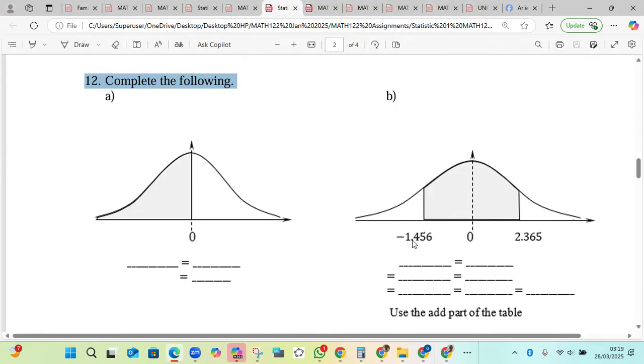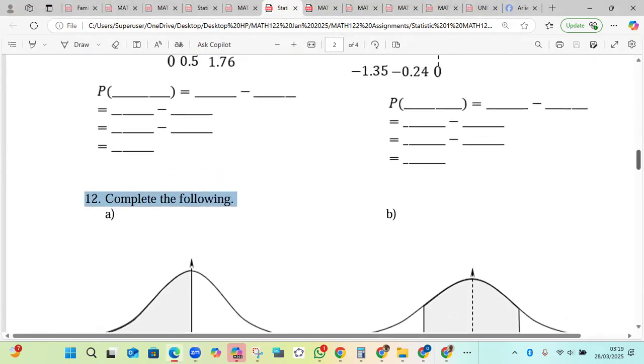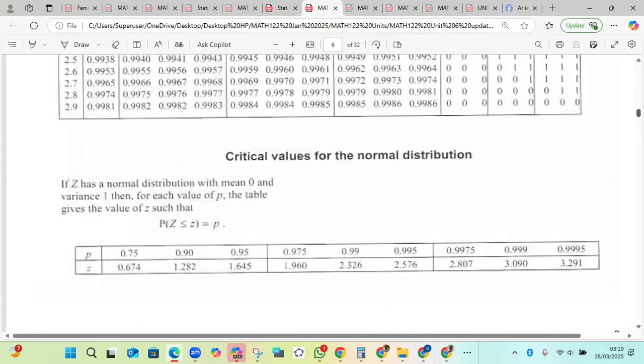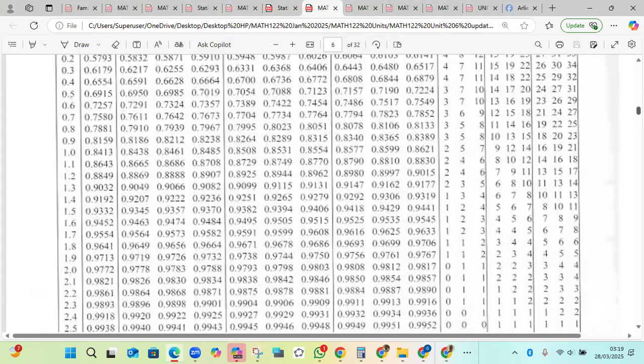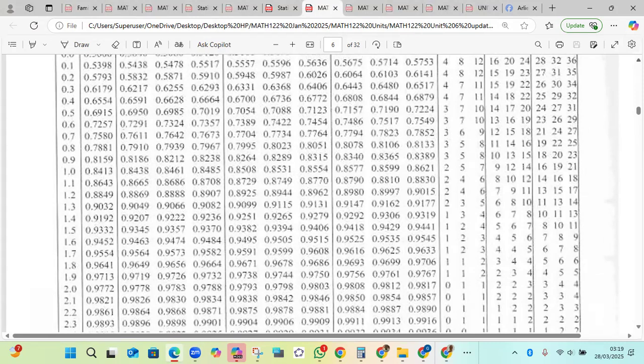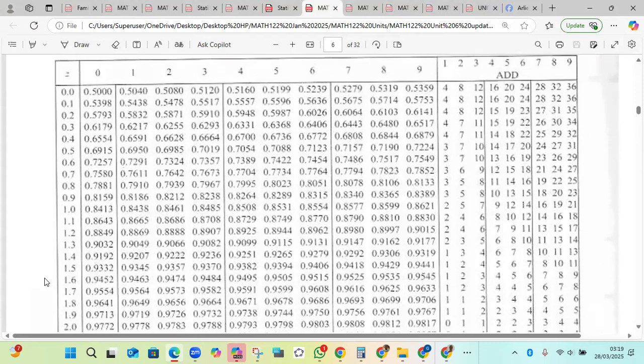So for phi of 1.456, you need to find phi of 1.45. Find phi of 1.45, we stop on the 5. Phi of 1.45 will be 0.9265.